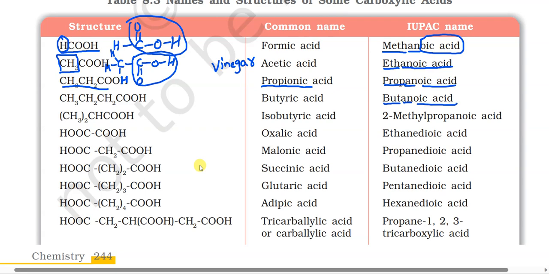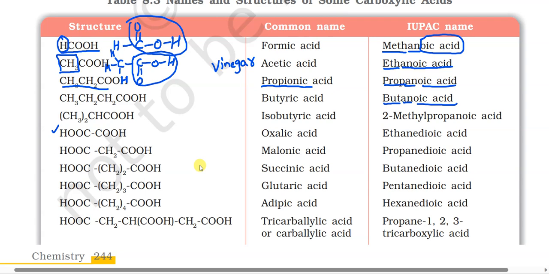It continues like that. In the examples up to the first ones, we have a single COOH only; only one COOH is present in the functional group. From here onwards, we have 2 COOH groups.